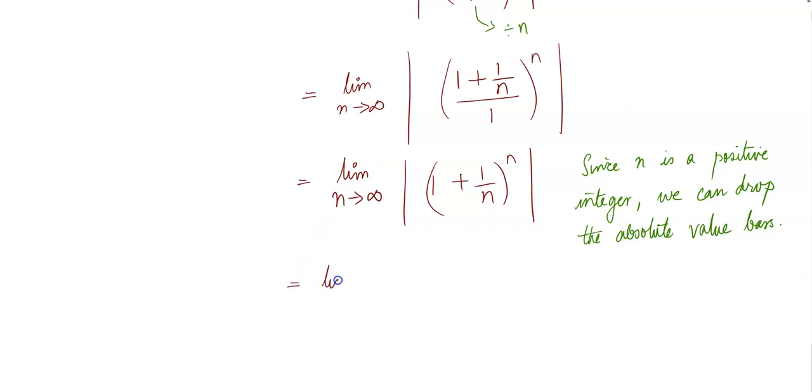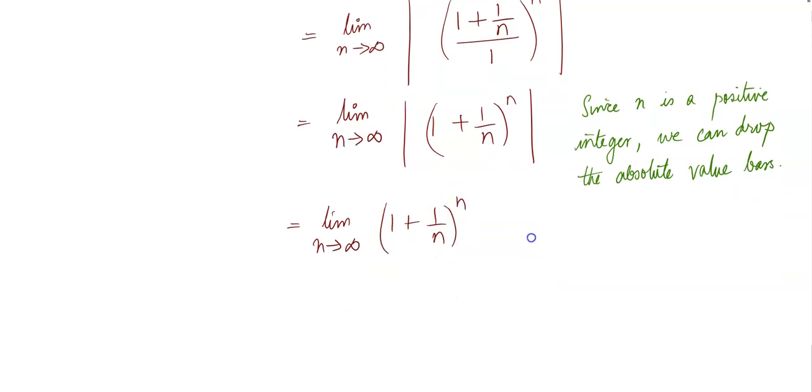we simply have limit n approaches infinity of 1 plus 1 over n, the whole power n. And we know that this actually is our e, right? This is the definition of e actually. This approaches e as n approaches infinity.